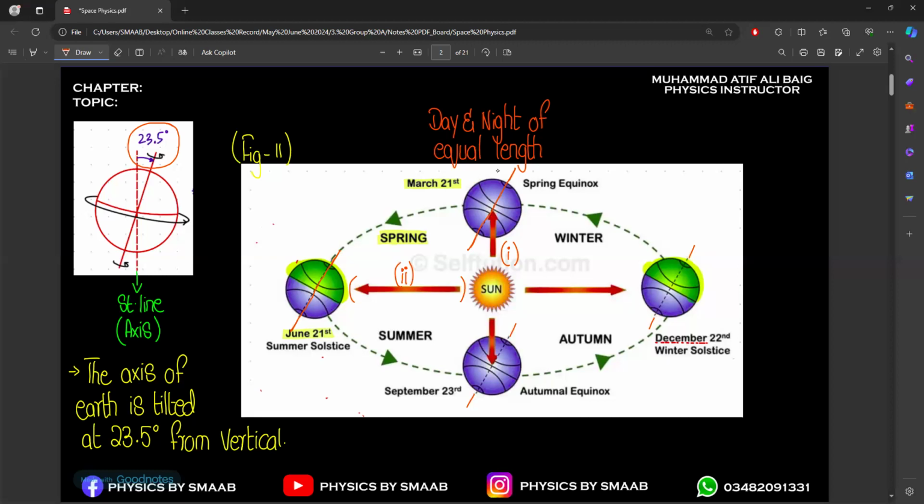And the part which is highlighted, that part is facing the sun actually. So we are getting summer season over here. And in summer season, we know the length of the day is increased and the length of night will decrease.